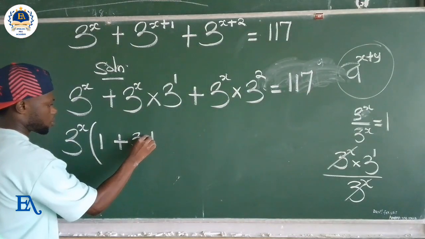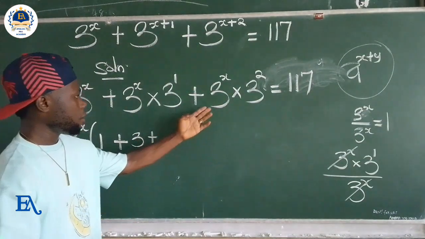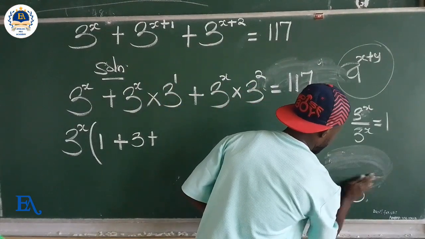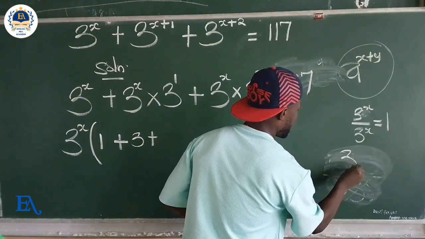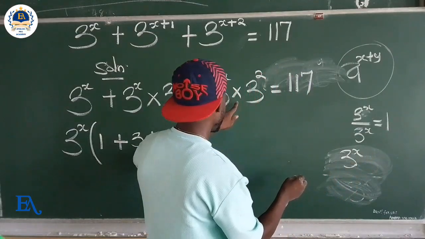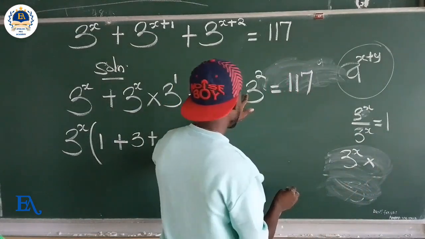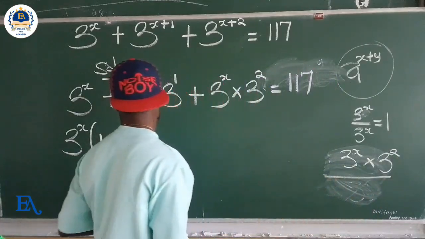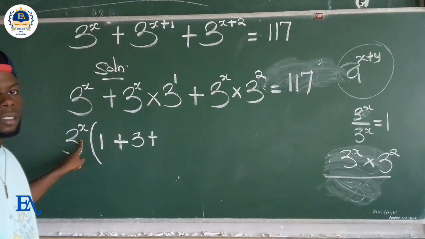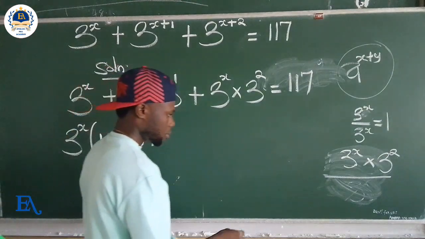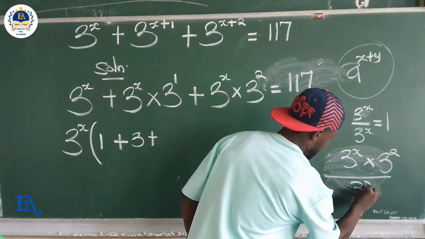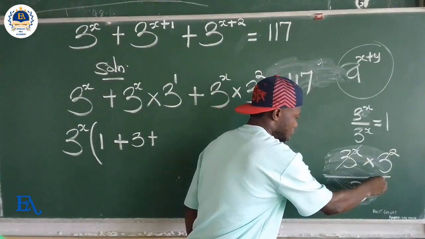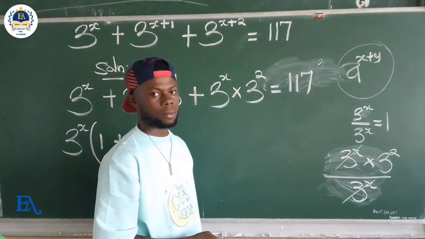Plus, over here, 3 raised power of x times 3 raised power of 2, all divided by 3 raised power of x. Now these two, because they are common, we cancel out.